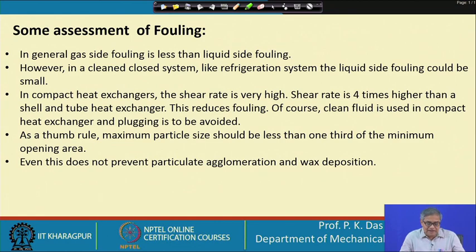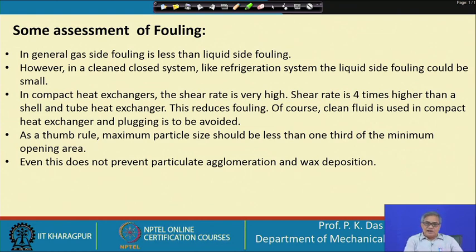In a compact heat exchanger, the shear rate is very high, about 4 times higher compared to a shell and tube heat exchanger. So, this reduces fouling.